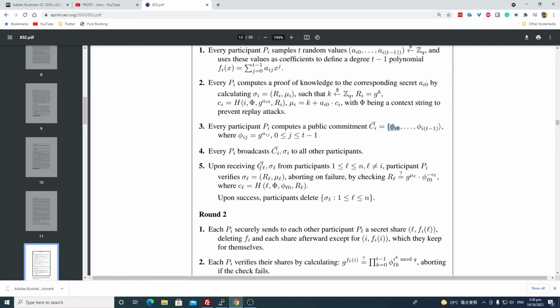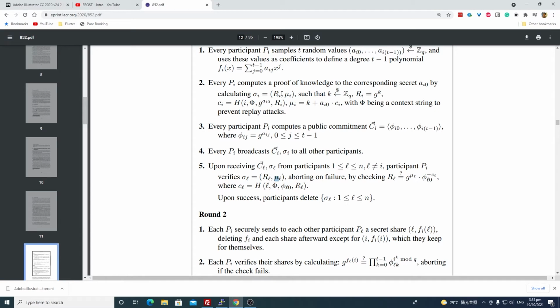Okay, upon receiving Cl and sigma l from participants, so everybody broadcasts to everyone, every participant receives n-1 of these. So you are going to verify now that what you have received is valid. We just need to verify sigma l, the signature of somebody else, and mu l.